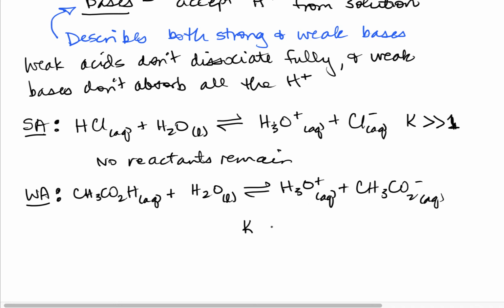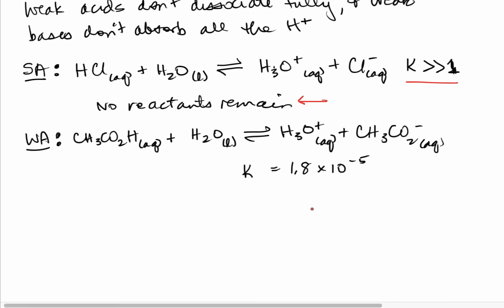And if you look up the K value for this reaction, you will find it is 1.8 times 10 to the minus 5. So if we think about these two K values, we can see that the K value for a strong acid is very large, meaning that we have no significant amount of reactants remaining after this reaction has allowed to approach equilibrium.